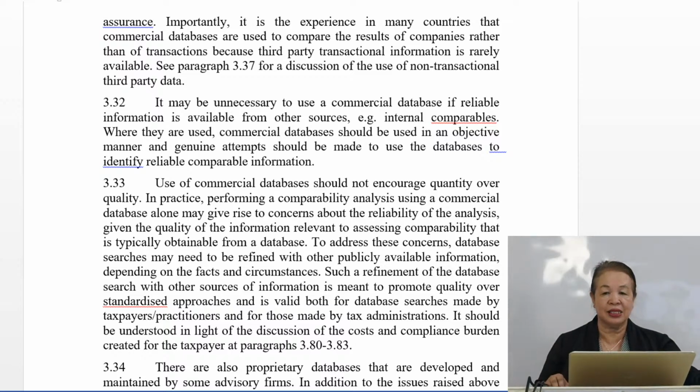Usually in practice is cost plus method, no? Cost plus method yung parang reimbursement of expenses and then mag-a-add sila a certain markup, no? Kasi services yan. Pero depending yan on the facts and circumstances of the case.